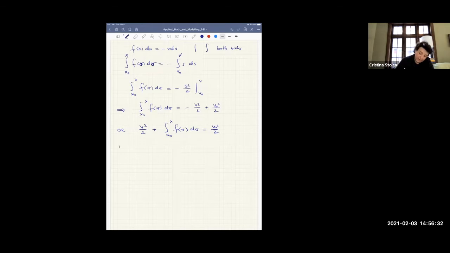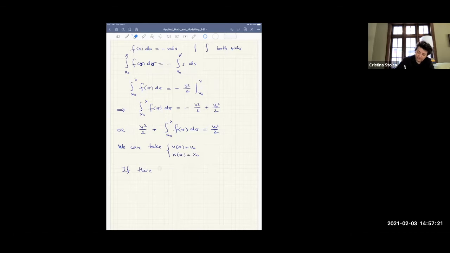Now we can take v of 0 to be v0, and x of 0 to be x0.